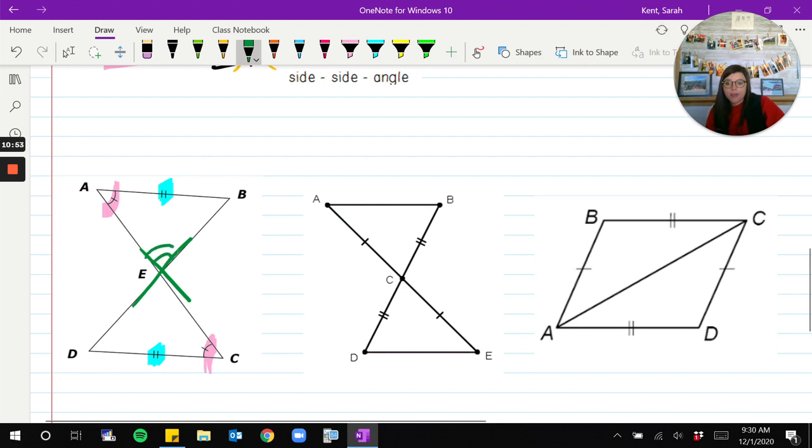So that means that these angles are equal. So this right here and this right here. So if we look at the things we've marked, I've marked an angle, I've marked another angle, and we've also marked a side. So here we've got an angle, another angle, and a side. So our answer, if we go in order, would be angle, angle, side.